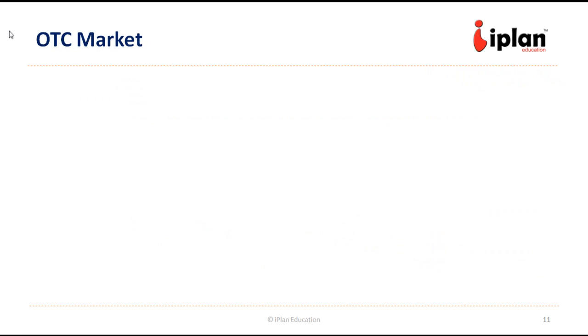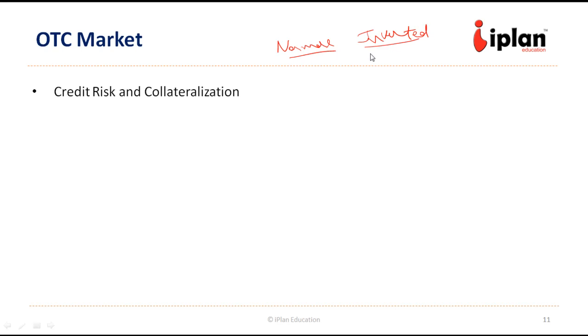Now before we start the concept of over the counter market, let us understand one more concept of normal and inverted market situation. Depending on the direction of the movement of future contracts over the period of time, we get the idea about whether the market is normal or inverted.